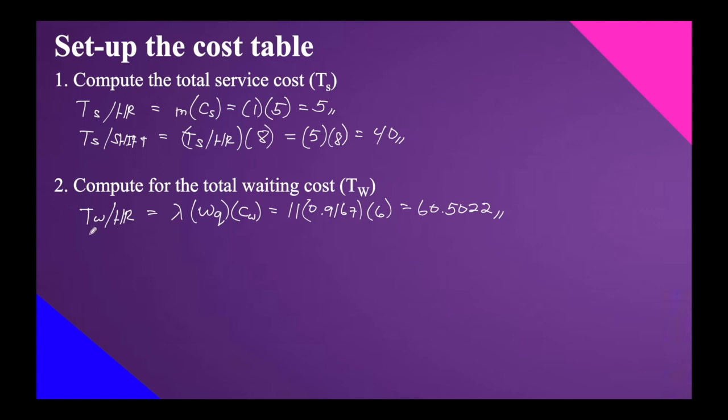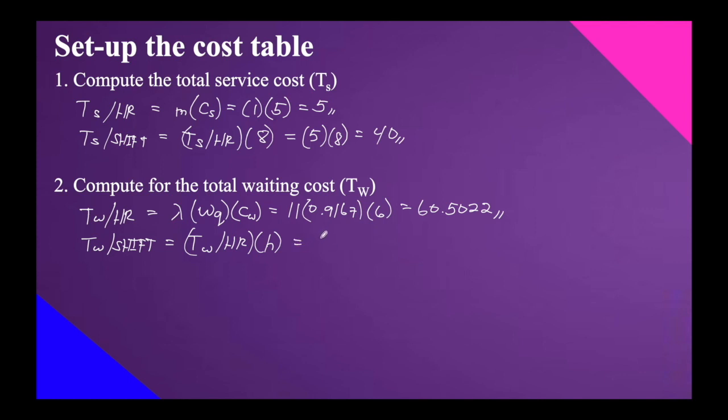So, i-convert natin itong total waiting cost per shift naman. So, basically, just like what we have done in our first part of the computation, yung total T sub S natin, or rather the T sub W per hour, i-multiply lang natin kung ilang oras sila, yung H natin, which is, sabi nga dito, that is 8.